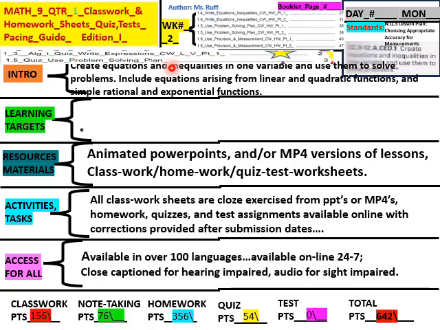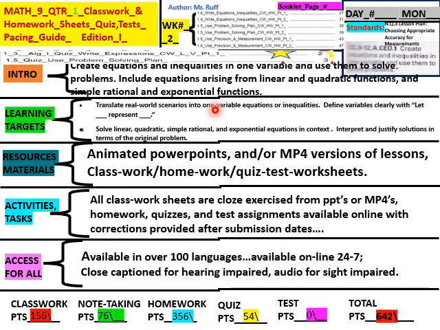I'll read that standard. Our intro is create equations and inequalities in one variable and use them to solve problems, include equations arising from linear and quadratic functions and simple rational and exponential functions. Our learning targets are: translate real-world scenarios into one variable equations or inequalities.